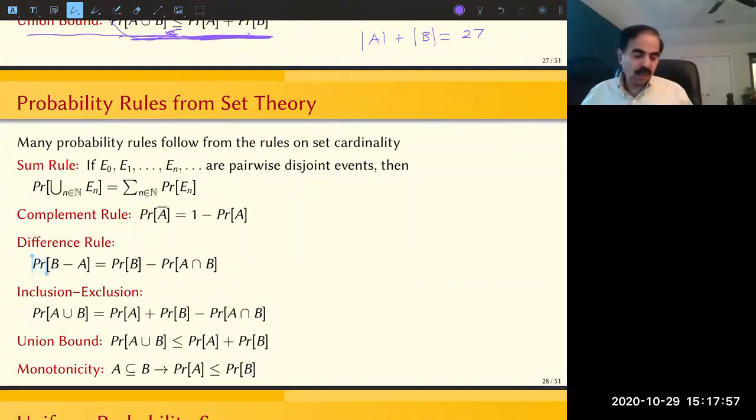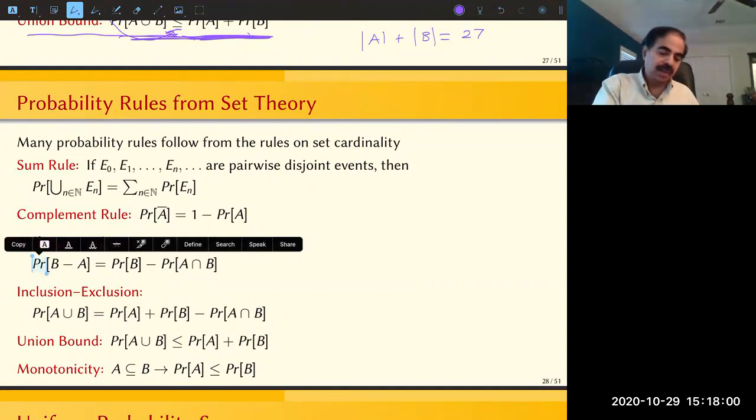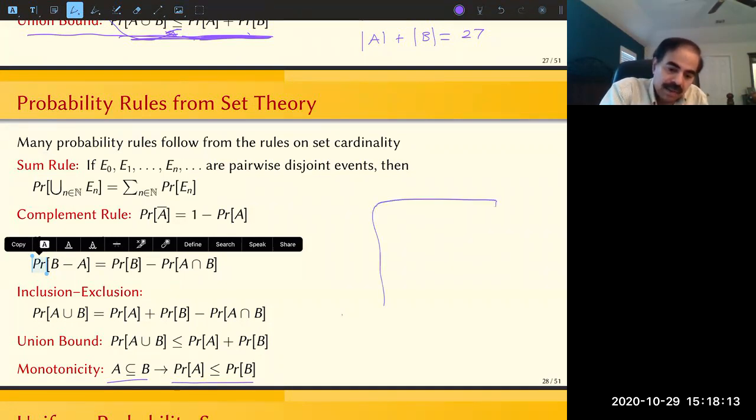Okay, so there's just one more rule, which is also fairly easy to understand. If A is a subset of B, then, and this again follows very much from, you can again draw this diagram, right? If A is a subset of B, then that could be your B, right? And let's say this is A, right?